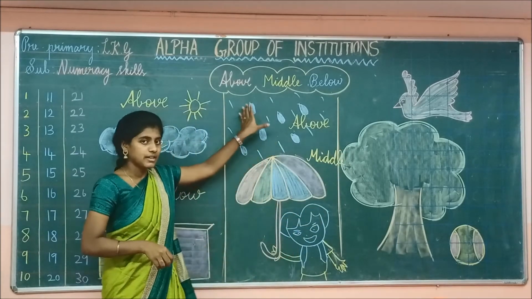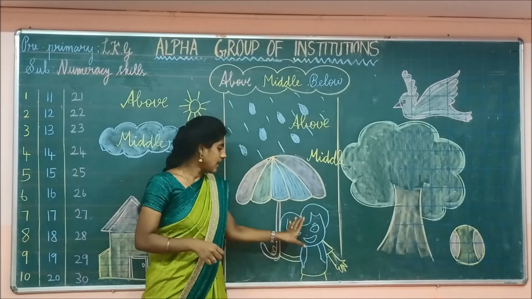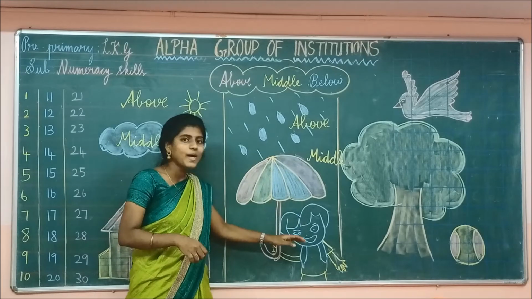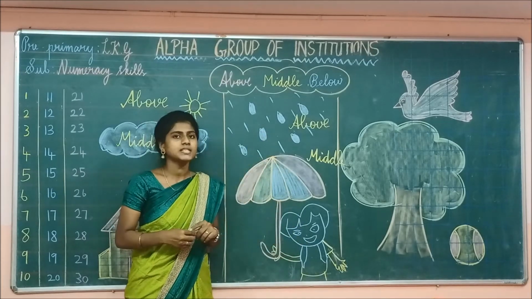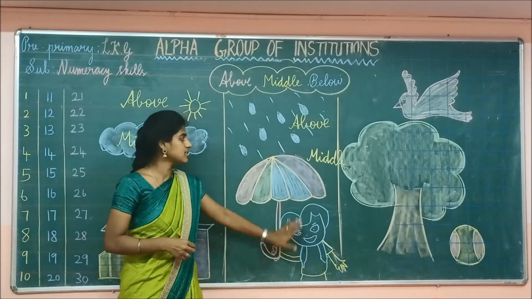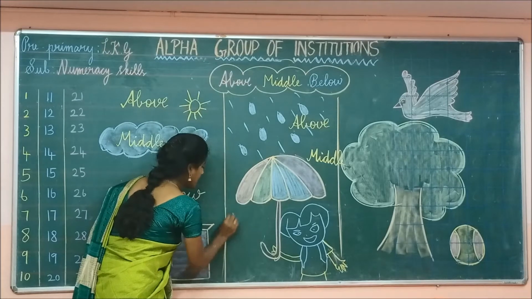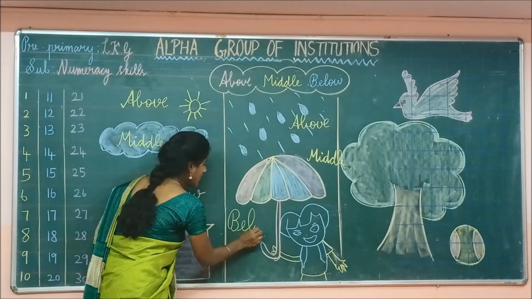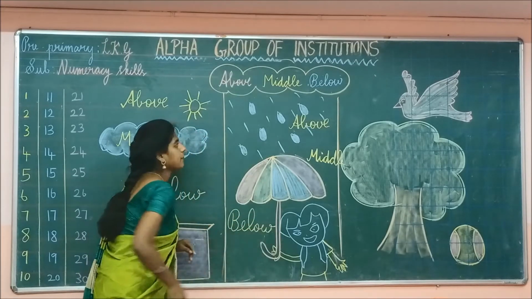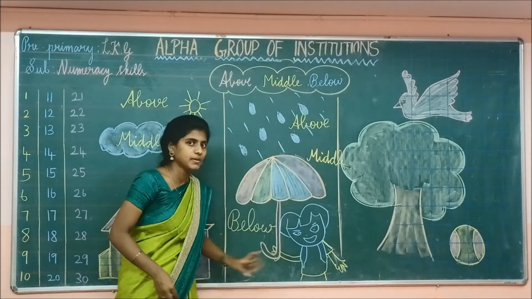Next, see here. Dora is below the umbrella and the raindrops, isn't it? Is it correct? Yes, children. Dora is below the umbrella. Shall we write below? B-E-L-O-W. Below. Above, middle and below.